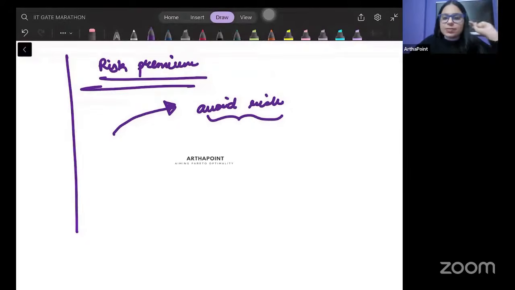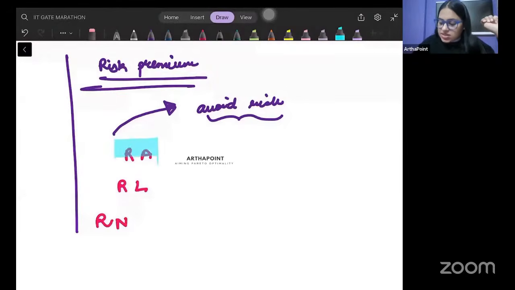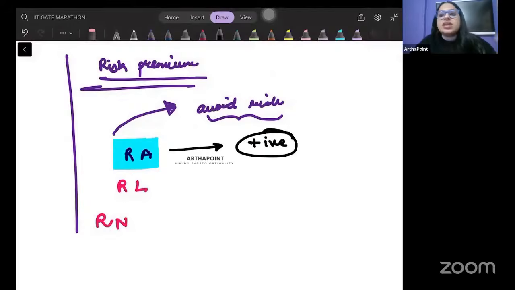In this concept we did three kinds of individuals: risk averse, risk lover, risk neutral. If an individual is risk averse, he definitely wants to avoid risk. So for this individual, the risk premium will be positive. He will give you money in order to avoid risk. He will say, take money from me, but I don't want to take risk.